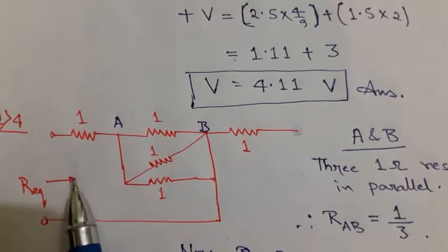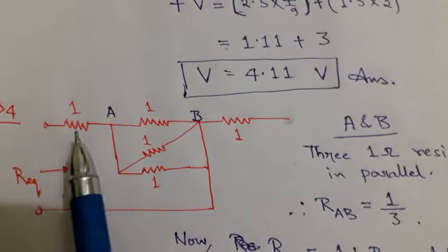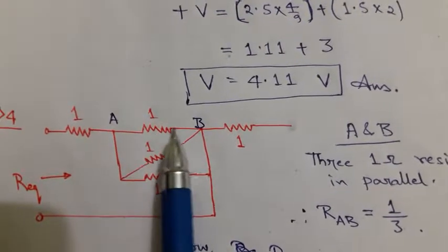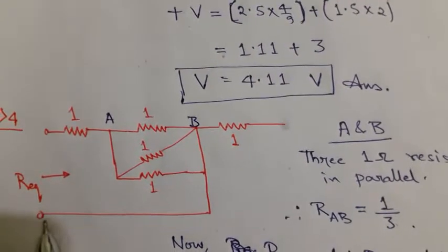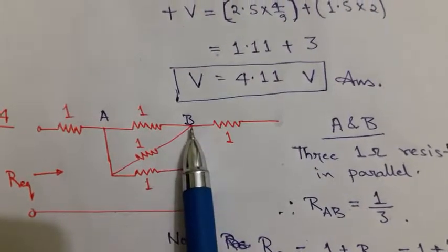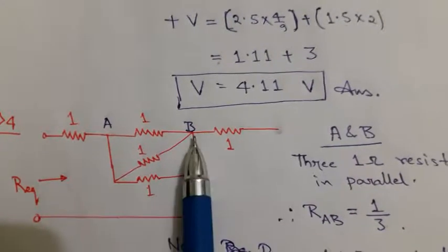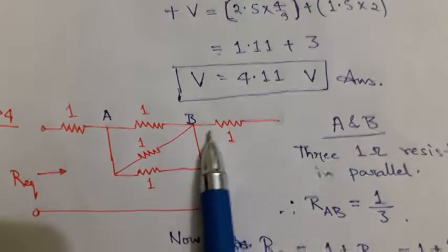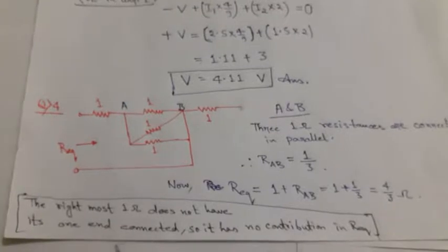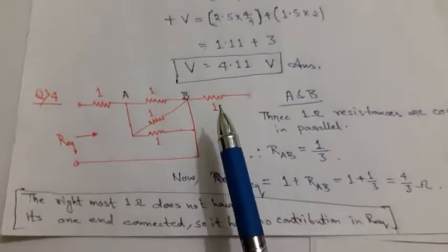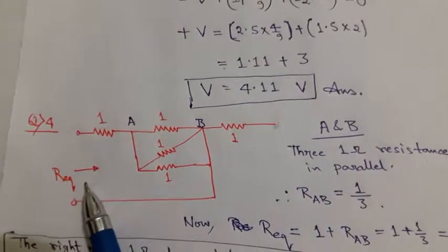So first of all, what is to be noticed is that it is asked what the R equivalent is, that is, this point is connected across B, so you will have to find the R equivalent from this point up to point B. And this 1 ohm is not connected, so it is not contributing anything to the value of R equivalent.